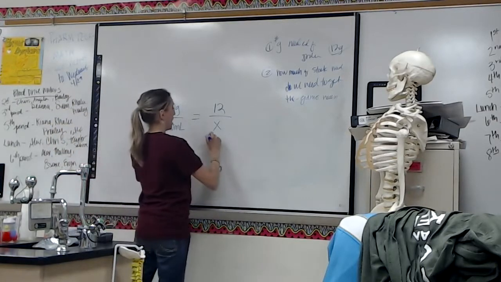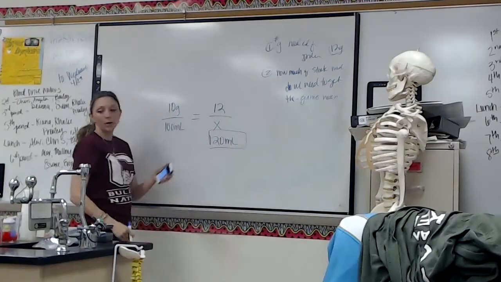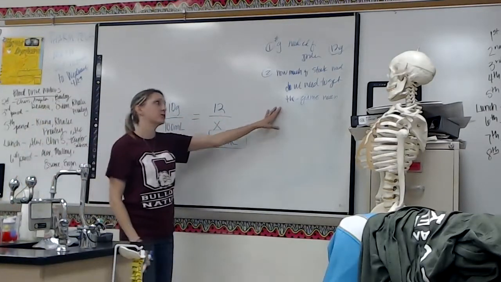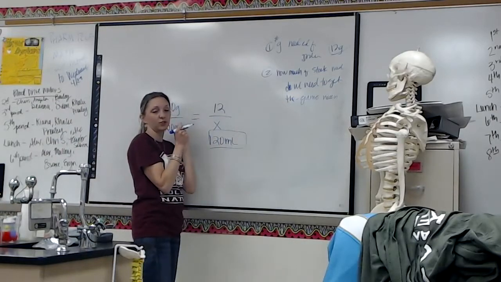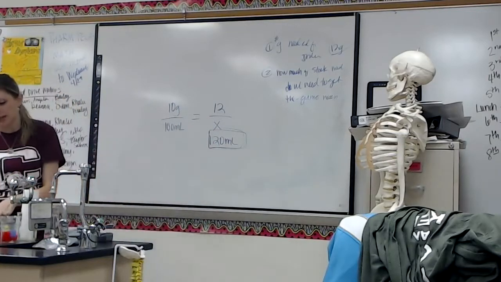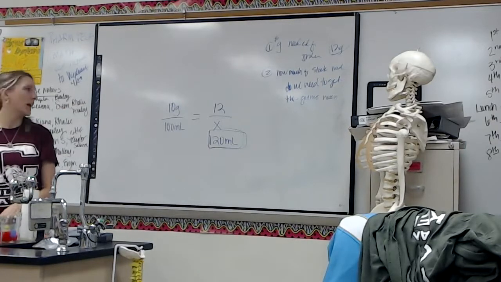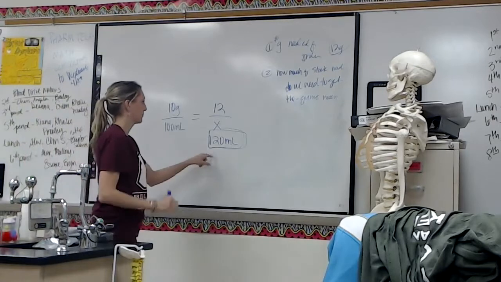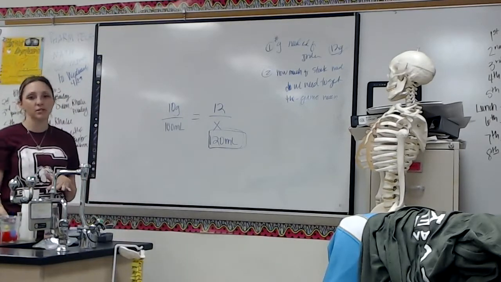So 120 milliliters, I guess I should have figured that out in my head, is how much of our stock medication we need in our total volume in order to get the amount of active ingredient that we need. So we need 120 milliliters of the 10% solution to get to 8 ounces. It doesn't ask for more than this, so that's enough for this question.